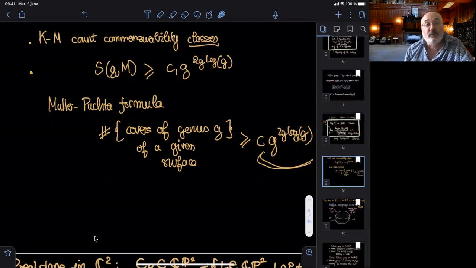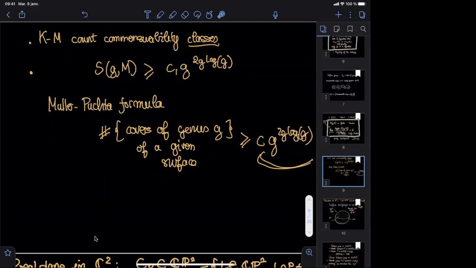But I guess I have no intuition, and I don't know if Vlad has a better idea. Let me ask: how does a random incompressible surface of genus G look?